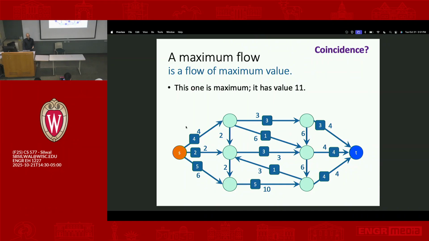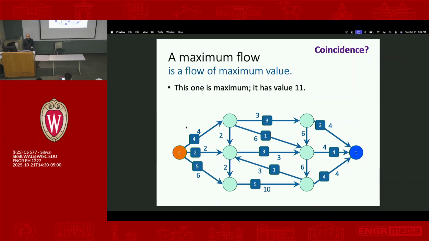Coincidence? Probably, as you can tell, it's not a coincidence, okay? And we'll see in a bit, but somehow these two problems are exactly the same thing. The best way to disconnect turns out to be the best way to send stuff from one side to the other. That's what this class is about.